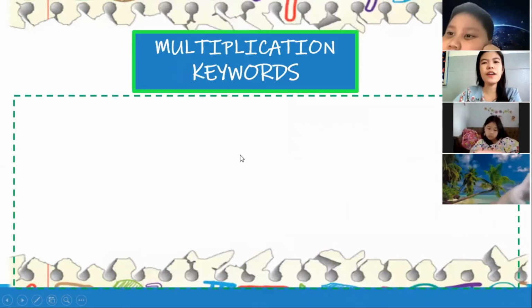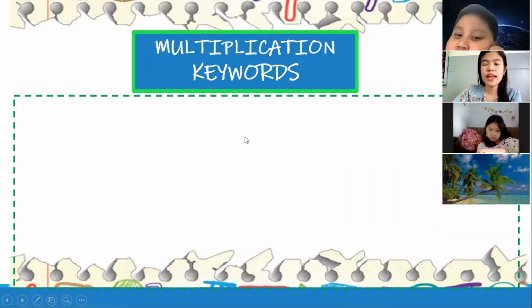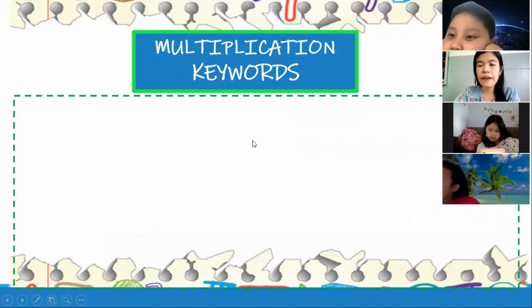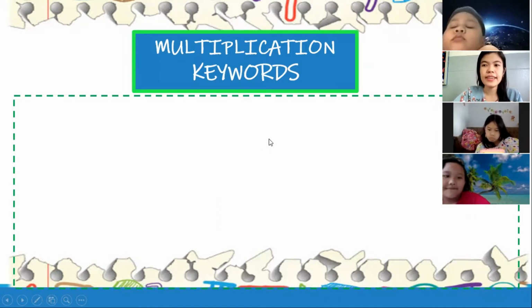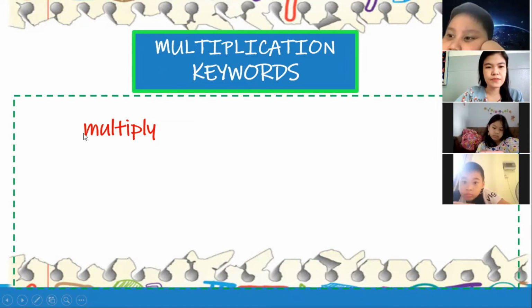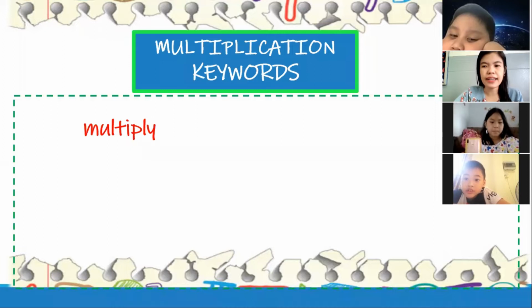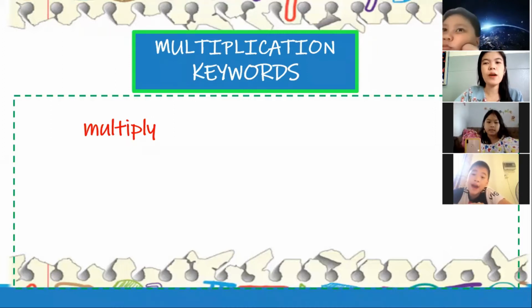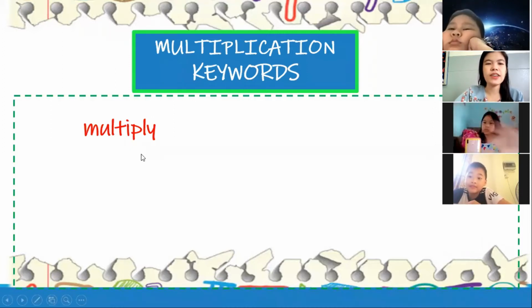So what are the multiplication keywords? How will you know that it is multiplication? If you can see words like these in your problem, it may help you know that it is multiplication. First word, please read the first word. Multiply.